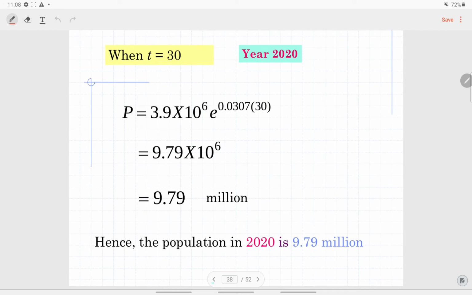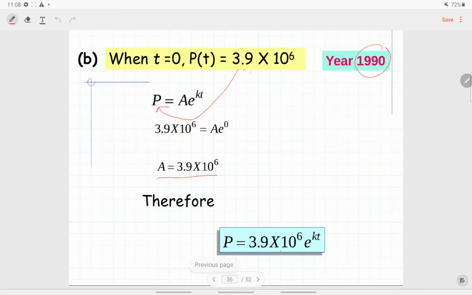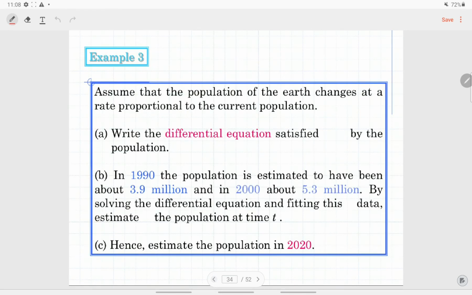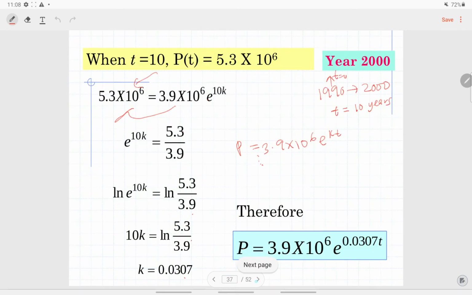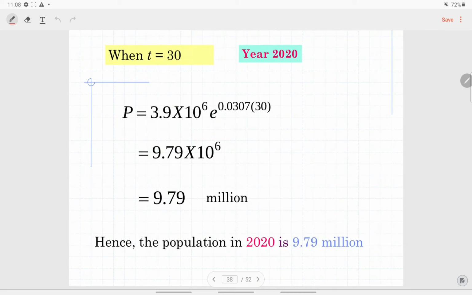And then here we look at question C. Hence estimate the population in 2020. So from year 2000 to 2020 is 20. So from 1990 to year 2020, the t is 30 years, right? We let 1990 be t equal to 0.